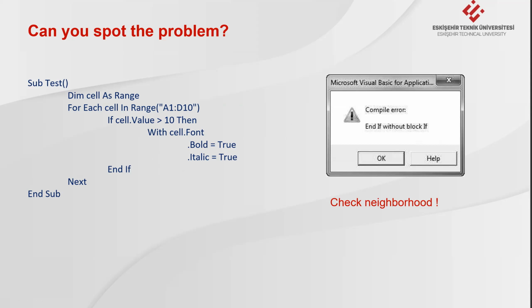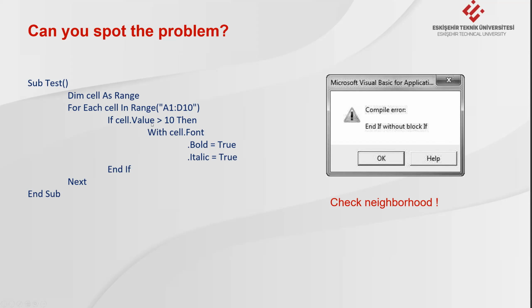But in Visual Basic Editor, if you click the debug, when you see the error, it's gonna say compile error, End If without block If. So sometimes the Visual Basic Editor directs you wrongly, okay? Because you know that we use the If statement in here, and we already closed it with the End If.